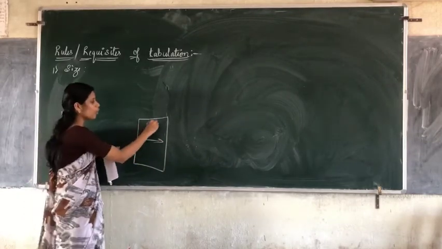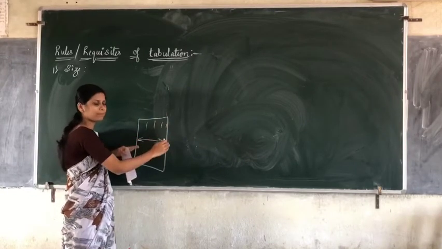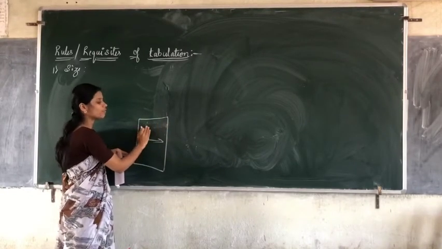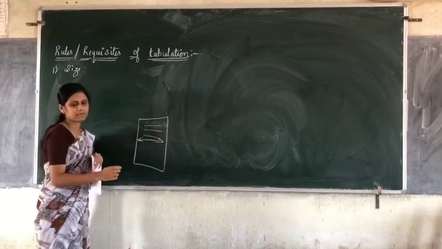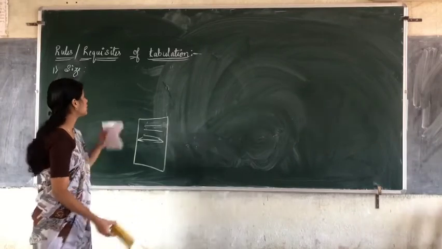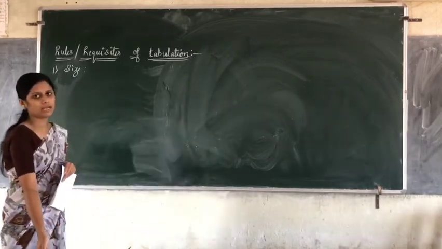So if you draw more columns, you can't complete a single table on one paper. Instead of drawing more columns, you can draw more rows in a table.